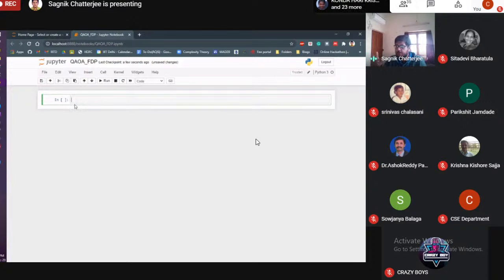So now first we need to import a few libraries from Qiskit. We'll import the quantum circuit library. These three, execute, Aer and the IBMQ libraries, are needed for our backend simulation.